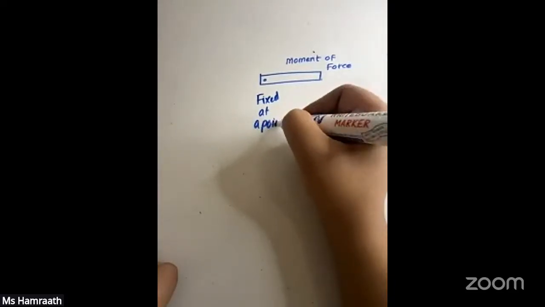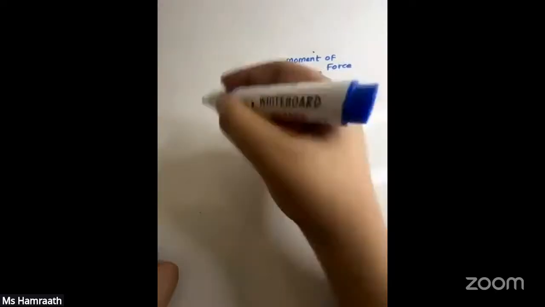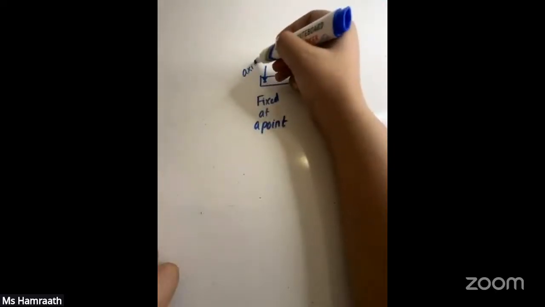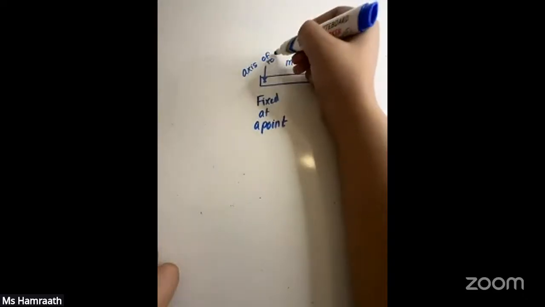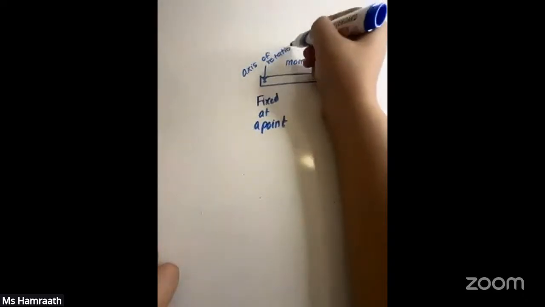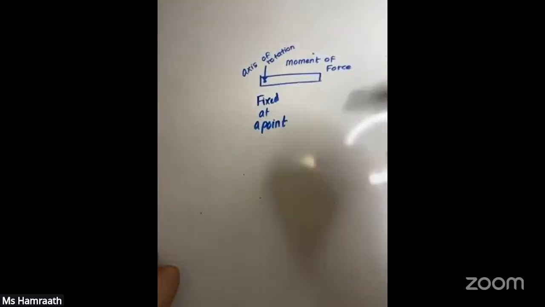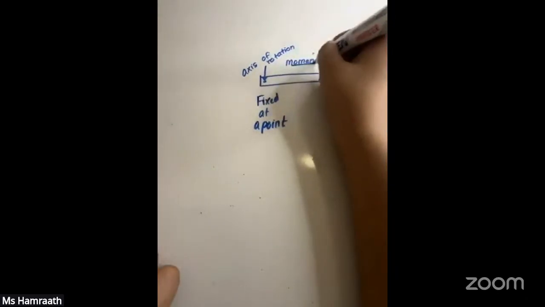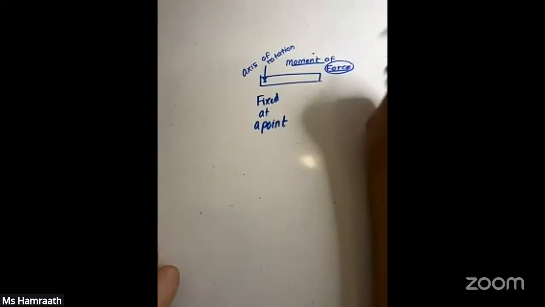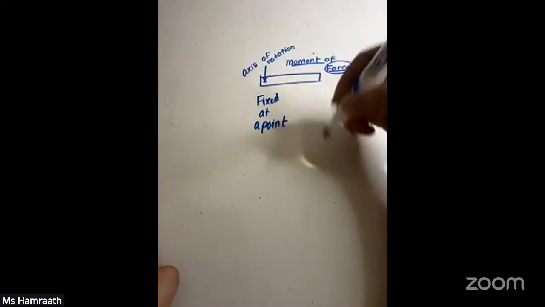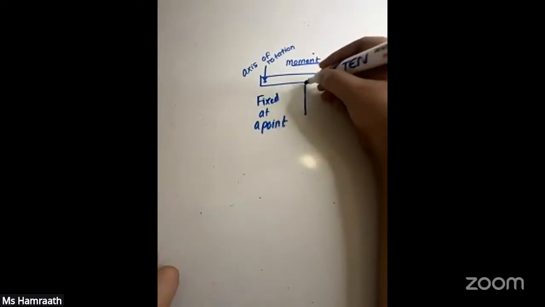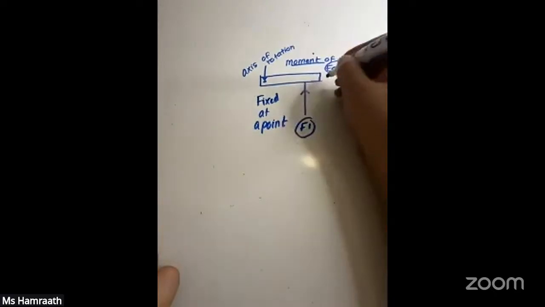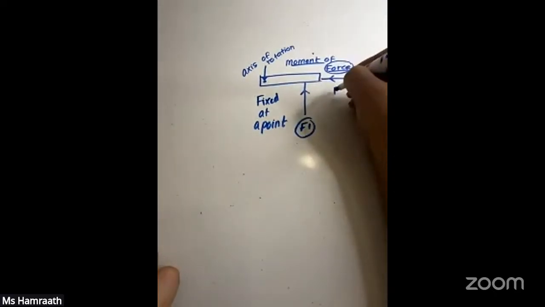If the object is fixed at a point, what do we call it? We call it the axis of rotation. Then to have a moment of force, we need to have a force, right? So we give force in two directions. I'm going to give one force from here and another force from another direction from here.